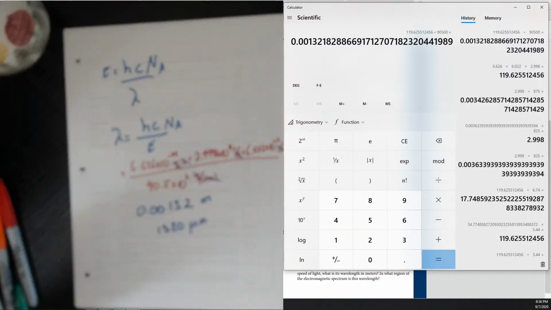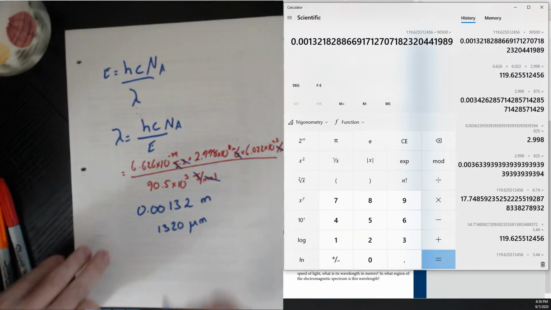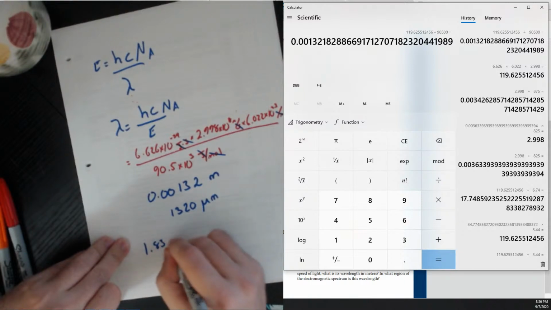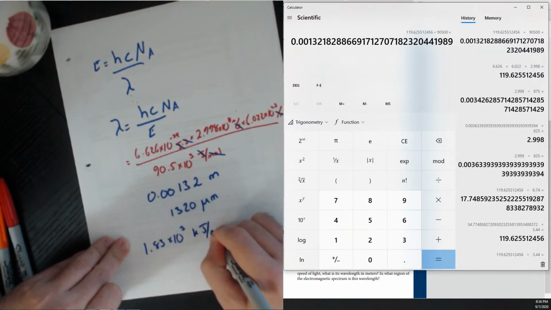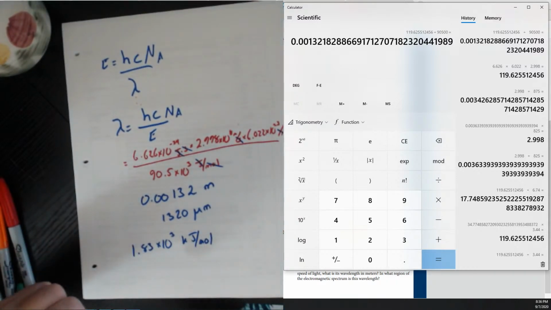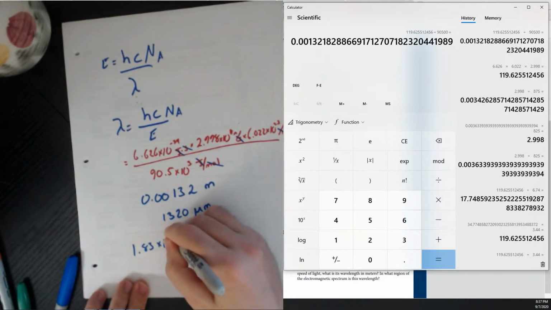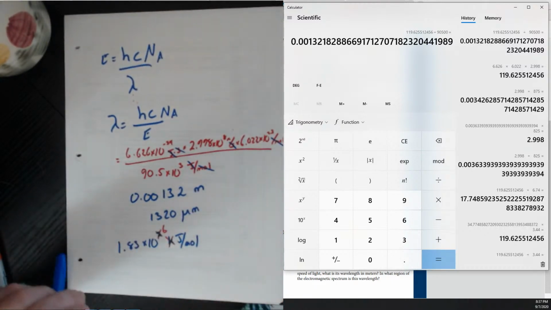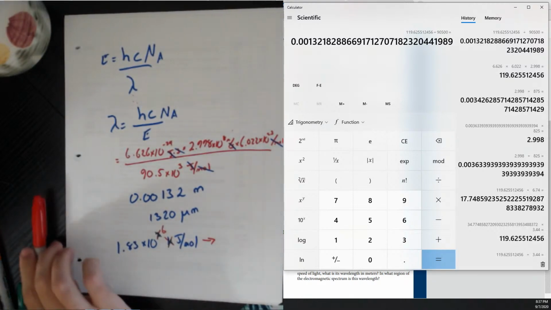Let's see, the next one, same sort of math, only instead of 90.5 kilojoules per mole, it is 1.83 times 10 to the third kilojoules per mole. So I'm going to go ahead and translate that directly into joules per mole. So get rid of the kilo, turn this into a 6. And what sort of wavelength is that?